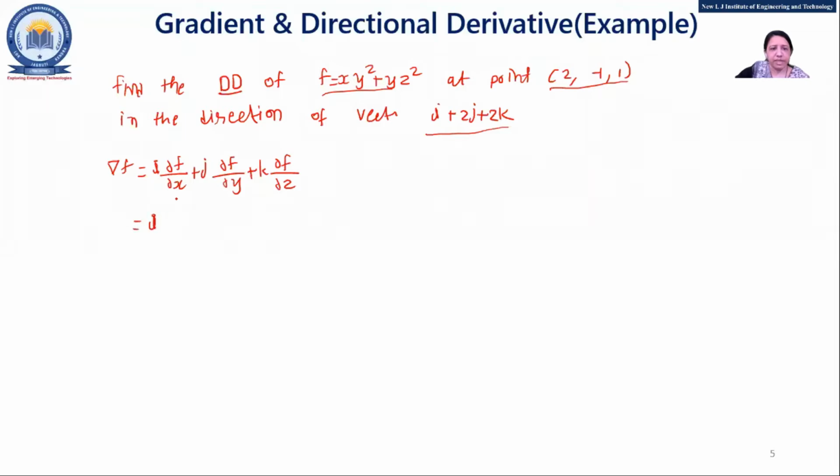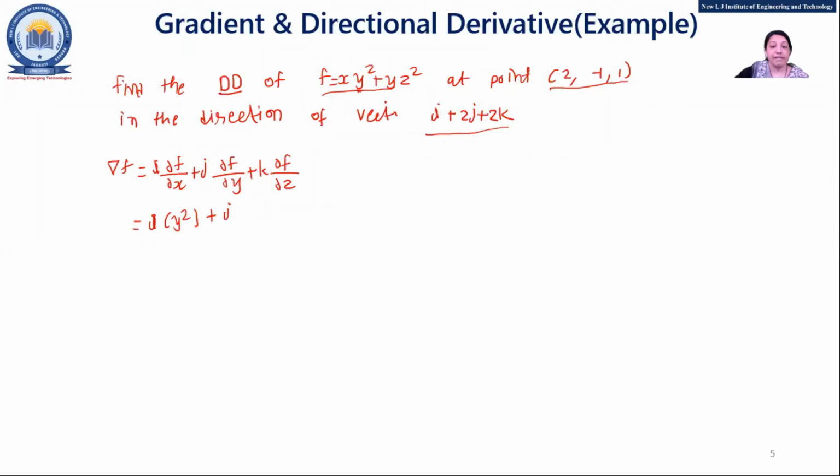So this is simple. What is del f by del x? This function is xy square plus yz square. With respect to x, only the first term is there, and the coefficient of x is constant, so we write y square. It's partial differentiation.